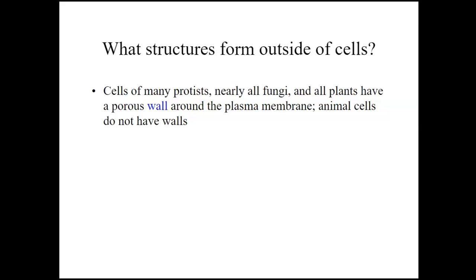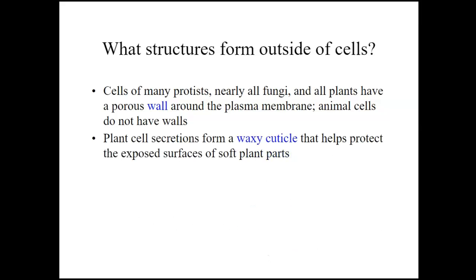The building blocks of that cell wall are excreted from the cell through its cell membrane and then scaffolded together on the outside. And plant cells also secrete a waxy cuticle, helping to protect the exposed surfaces of that plant and reduce water loss.